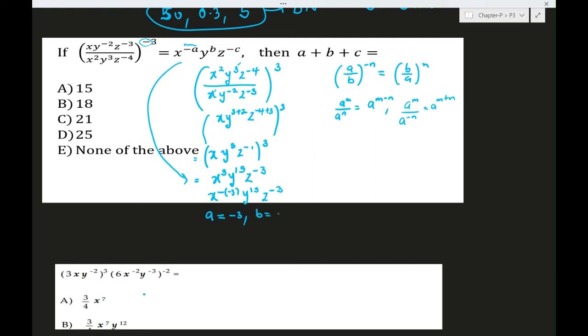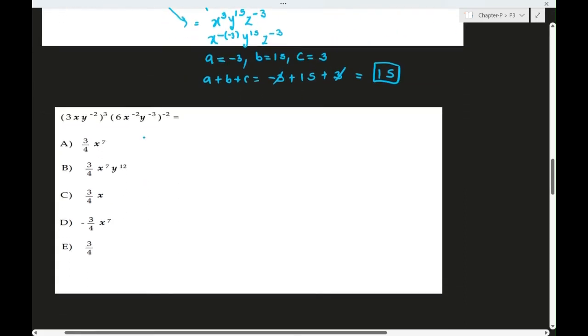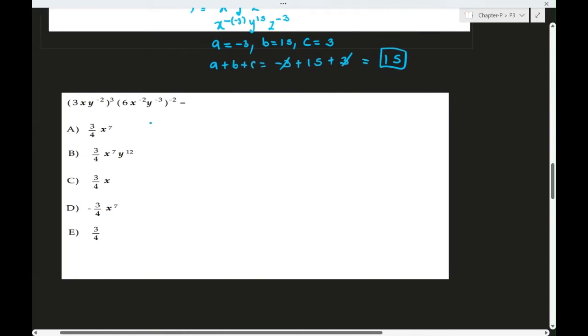Then b is still 15. And c is going to be 3, since there is minus here, there is minus. So you see that if you do a plus b plus c, this will be minus 3 plus 15 plus 3. And this will just be 15. So we have this one. All right. Next is this one as well.